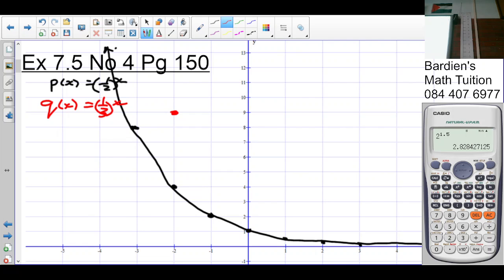Minus 1 is 3. 0, 1. 1, a third. 2, a ninth. And so on. Again, connect the dots. It will never go below that line there. It goes here and then above the line. And this is your graph of Q of x. This point here is actually there, so that's the point of intersection.